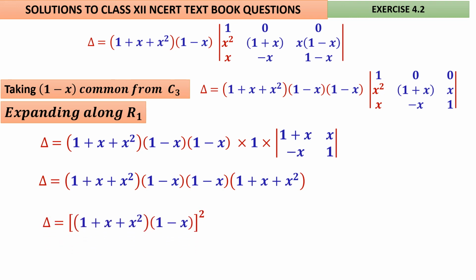Therefore you got 1 plus x square into 1 minus x the whole square, which is nothing but 1 minus x cube the whole square. Very simple question, but remember the 1 minus x cube is given in the question, but is nothing but 1 minus x into 1 plus x square.